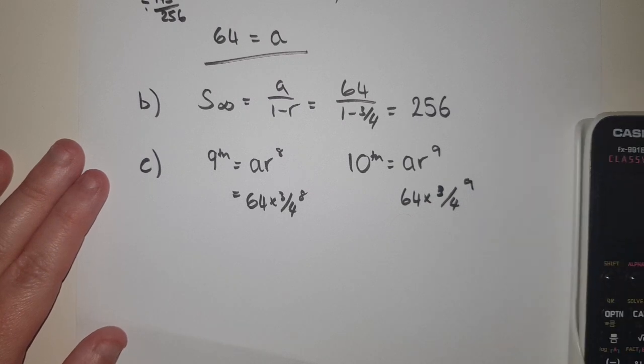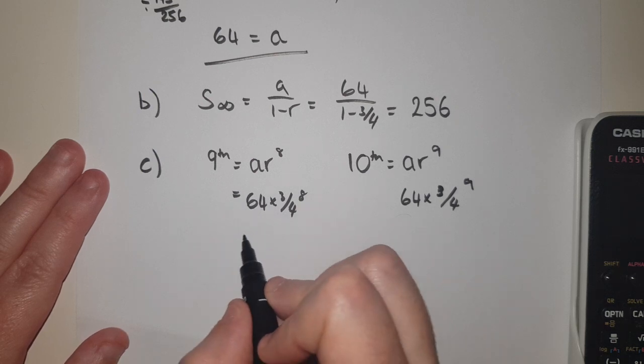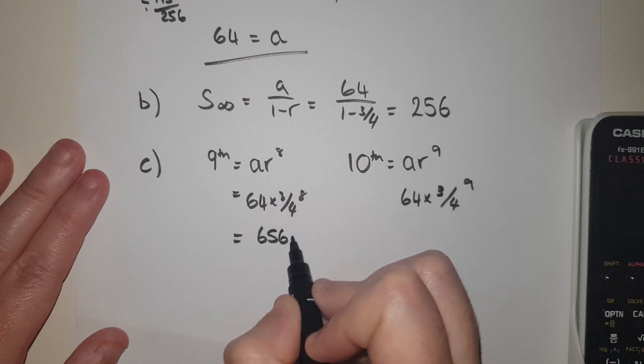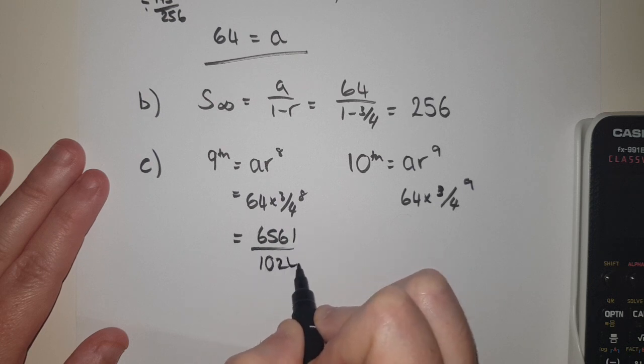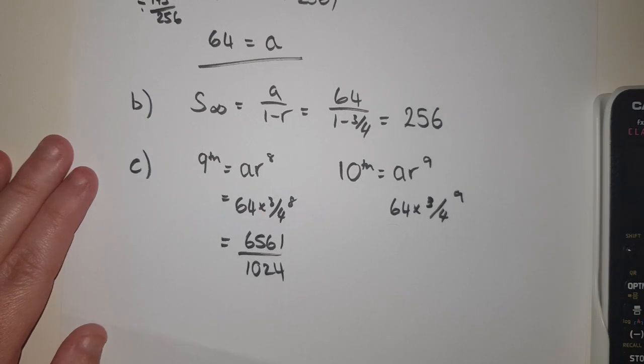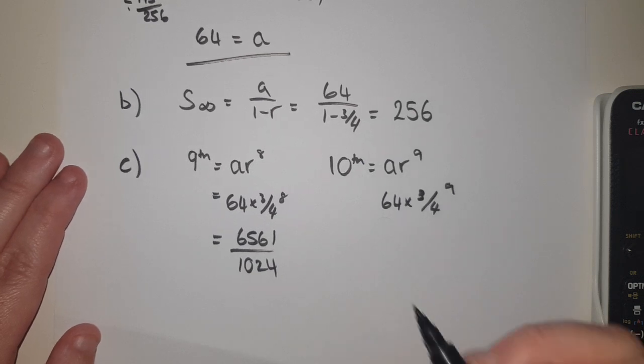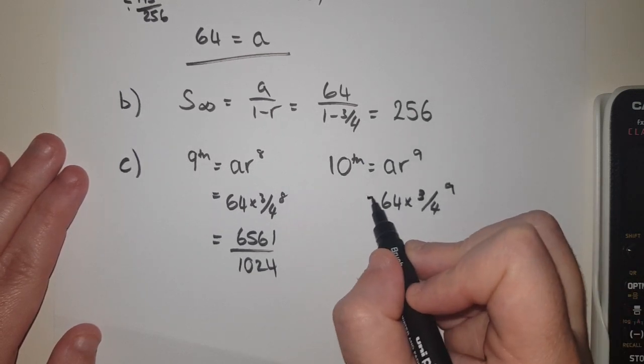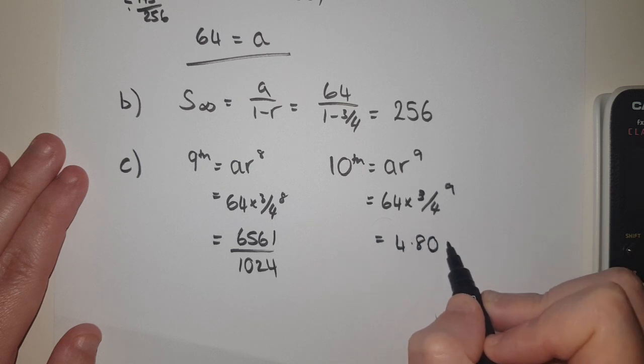So 64 times 3/4 to the power of 8. And 64 times 3/4 to the power of 9. This one doesn't come out as a fraction, it comes out as a lovely long decimal.